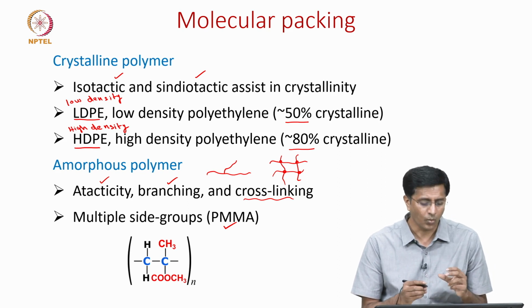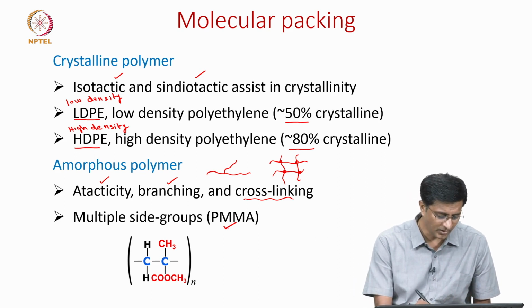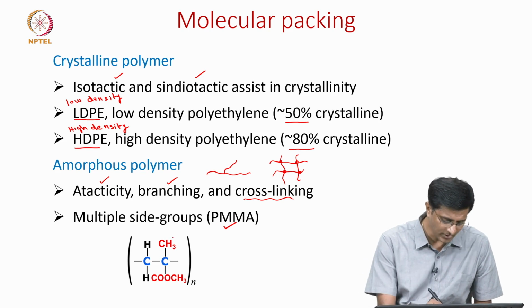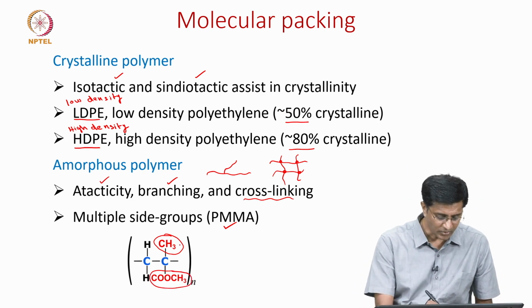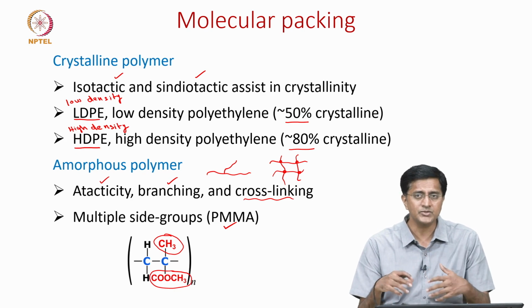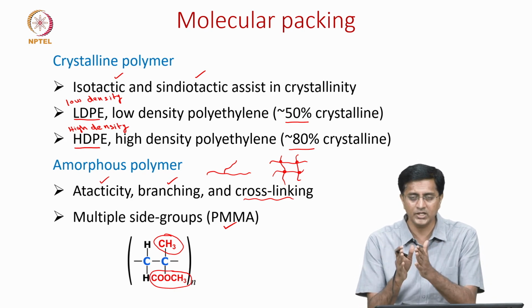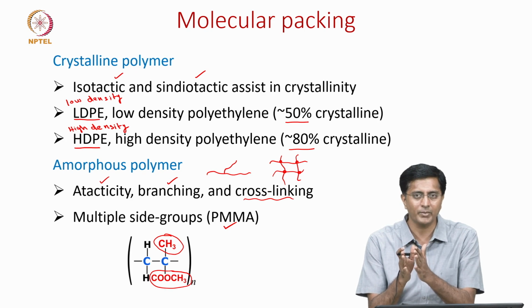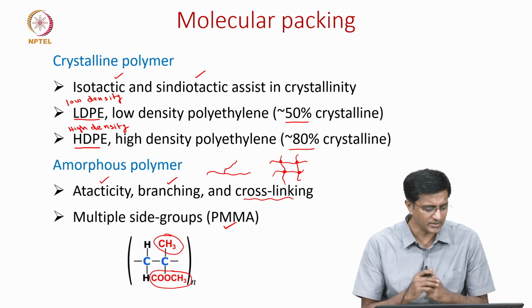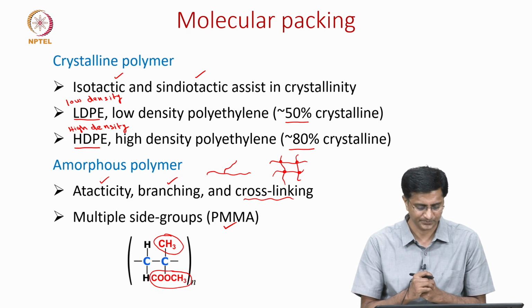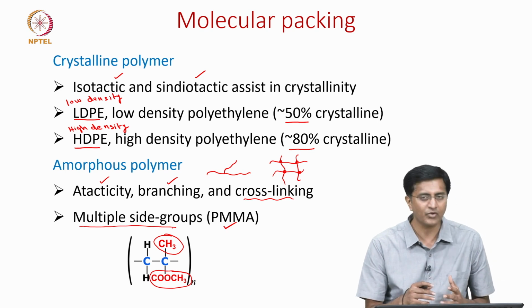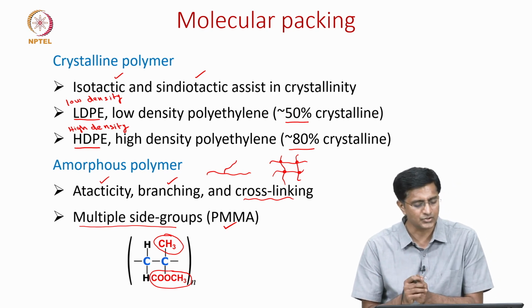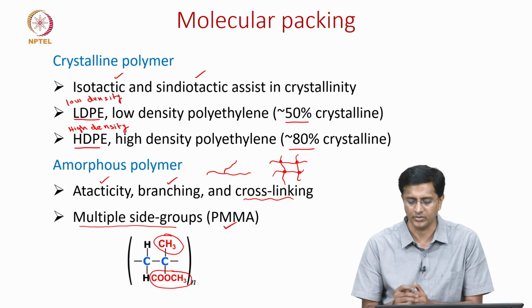To see why PMMA ends up as an amorphous polymer, you see there are two subgroups in this polymer chemistry. Because of these two subgroups, it becomes even more difficult for the chains to pack in a compact fashion, and for that reason they end up as amorphous polymers. So again, multiple subgroups is another reason why a polymer ends up as an amorphous polymer.